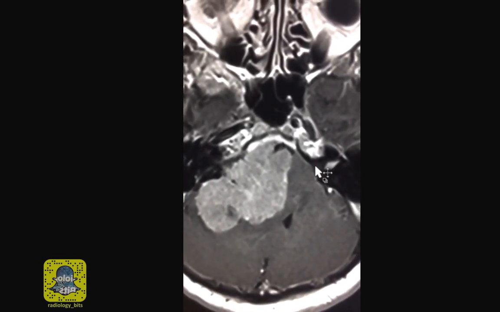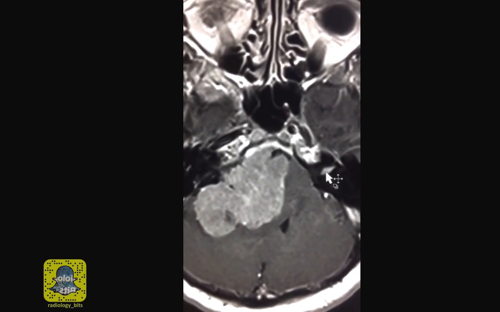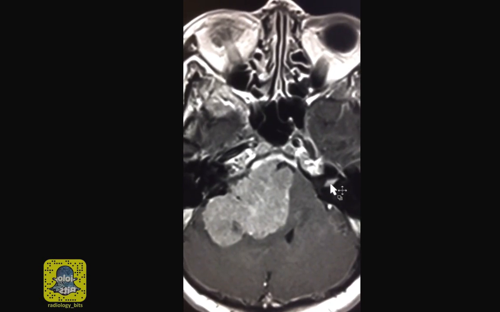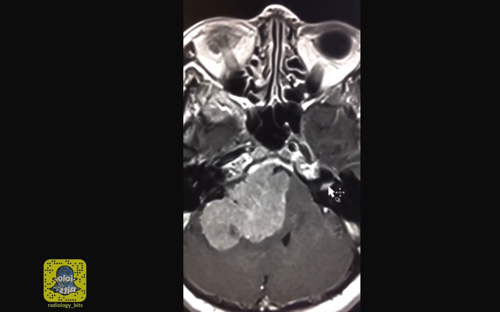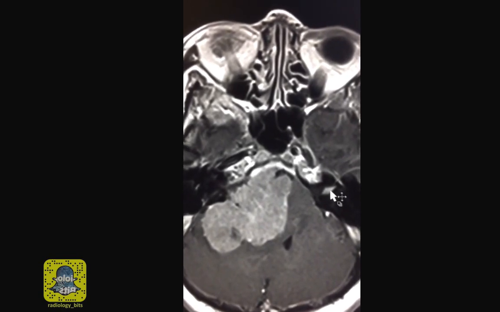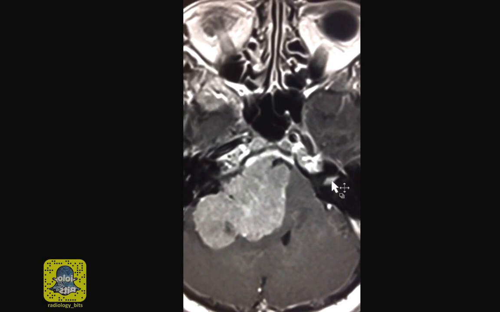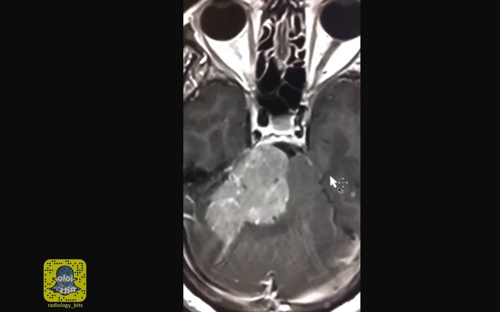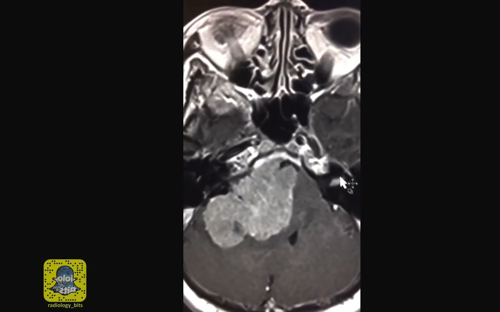We know that the 7th and 8th cranial nerves pass within the canal and they're surrounded by CSF. Whenever you see an enhancement there, it raises a possibility of a neoplastic process, in particular a schwannoma. And most commonly schwannoma of the 8th nerve, a vestibular schwannoma, although other less common neoplastic and inflammatory conditions may give you some enhancement.